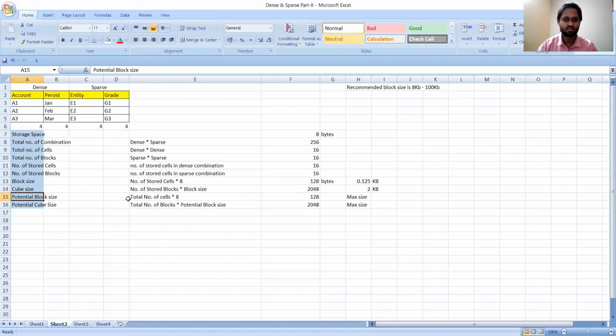The potential block size is the total size, the maximum size. So we take the total number of cells into 8 bytes.